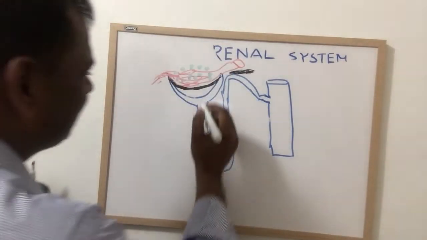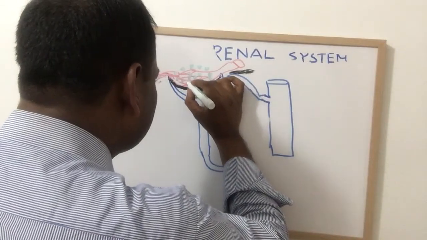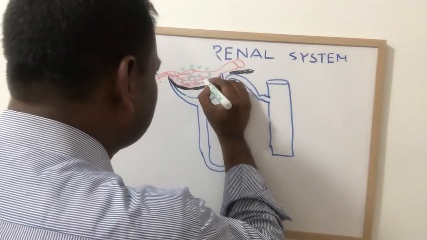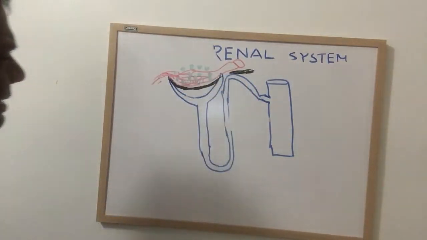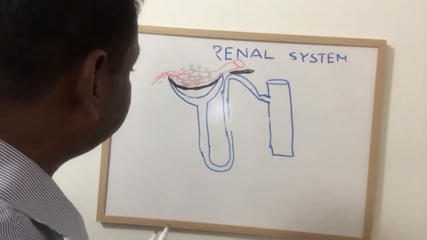There is some pore area in the highly vascular area. This is highly vascular area. There is some poring here. This poring is basically 70 to 80 nanometers.